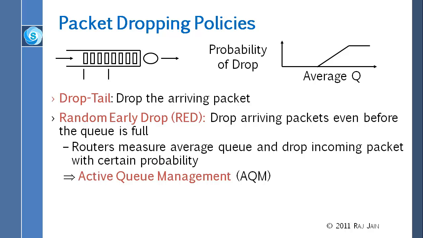Right? So there are two dropping policies, and there are advantages of RED, and therefore RED is implemented everywhere. People have shown simulations and actual measurements that RED helps for fairness and so on. So RED is kind of the preferred drop policy.